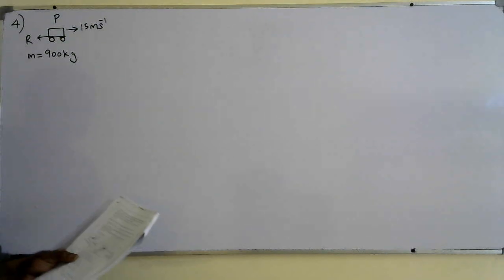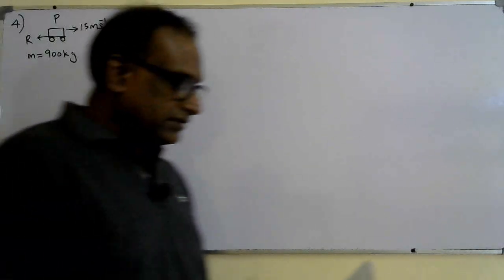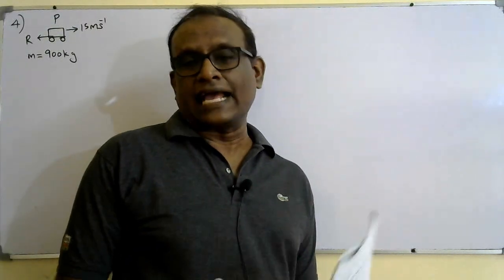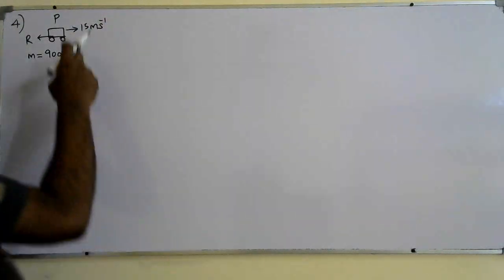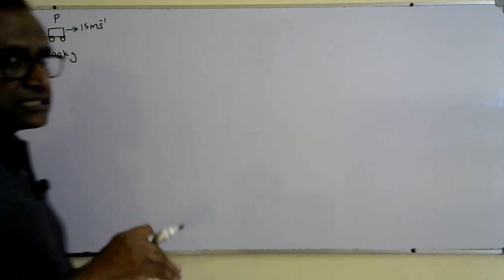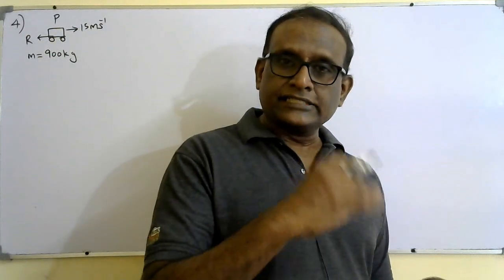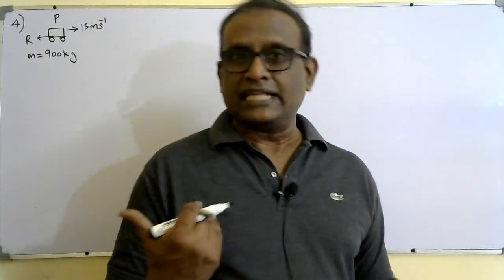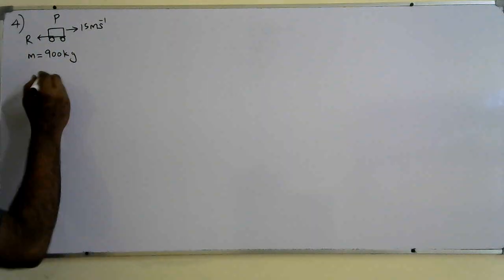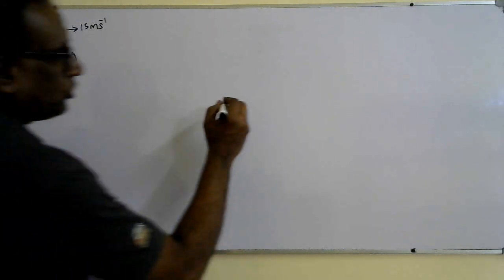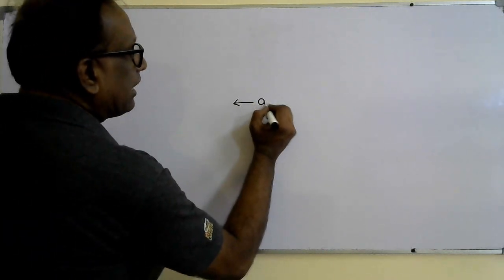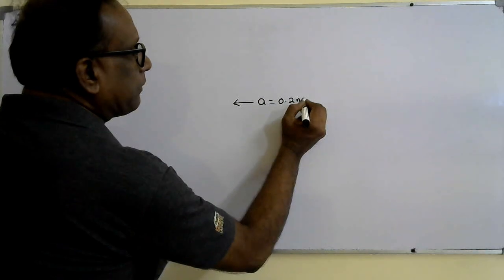And they are telling the deceleration, not acceleration. Deceleration means acceleration opposite to the direction of motion. So I took velocity towards right, that is motion towards right, means acceleration should be opposite to that direction, towards left. So I can show acceleration towards left, a equal 0.2 meter per second square.